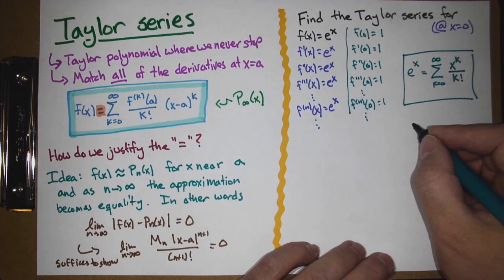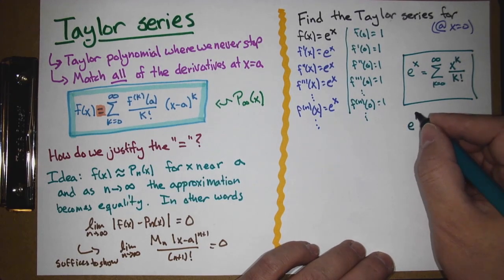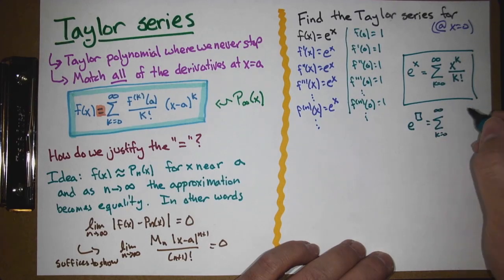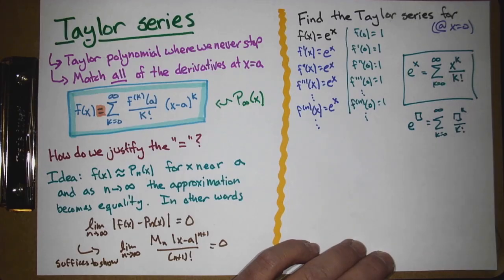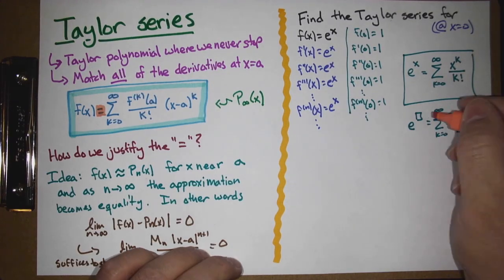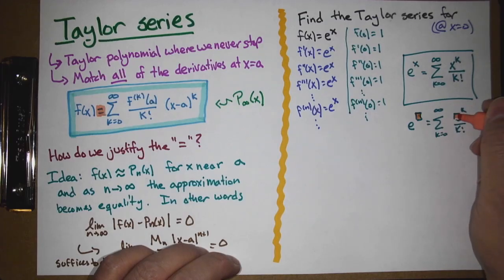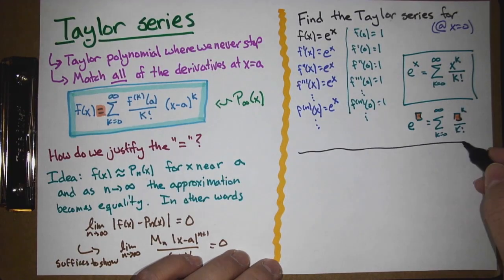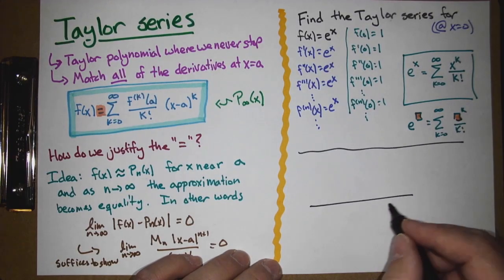I like to think of this as e to something is the summation from 0 to infinity of something to the k over k factorial, just to say there's nothing special about x. I can change it. Now, when this is true, for which values of x does this match? Well, let's suppose we fix x.